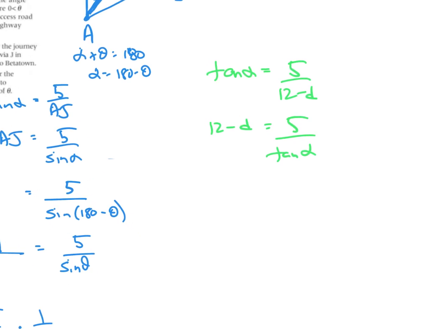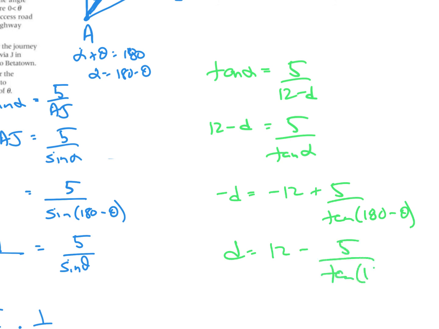Solving for d, I know that negative d is equal to negative 12 plus 5 over, and I'll replace this, tan of 180 minus theta. And so d is equal to 12 minus 5 over tan of 180 minus theta.